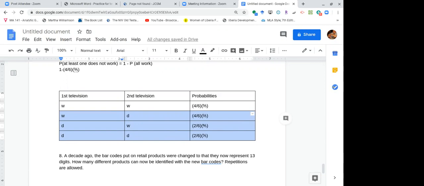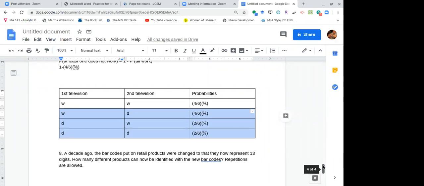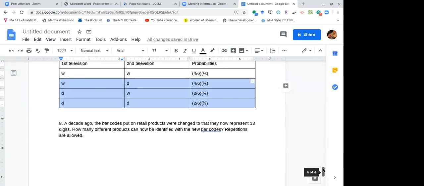Okay, so a decade ago, the barcodes on retail products were changed so that they now represent 13 digits. How many different products can be identified with the new barcodes? Repetitions are allowed. So to the 10th power, 13th power, or whatever.